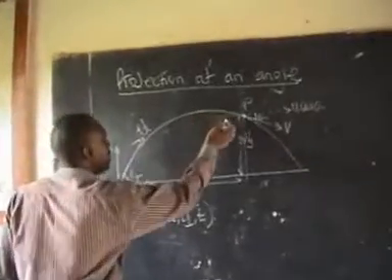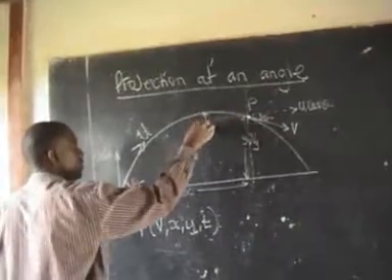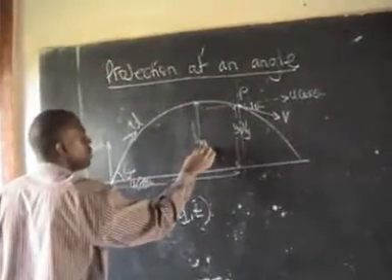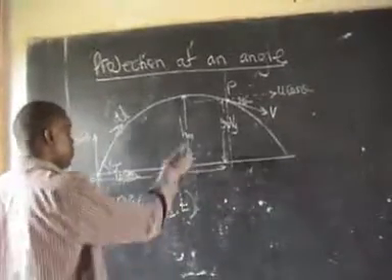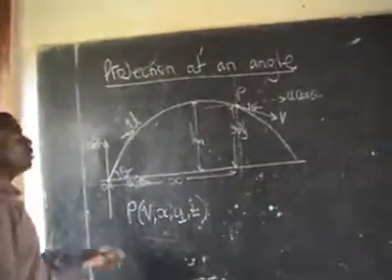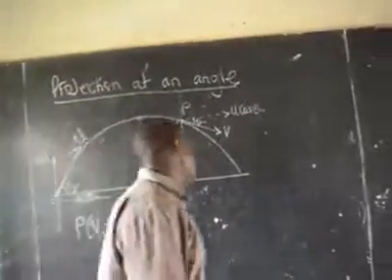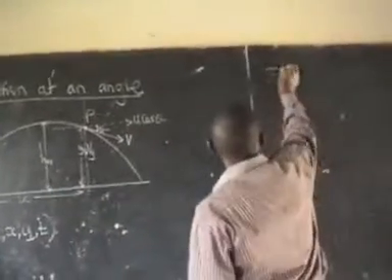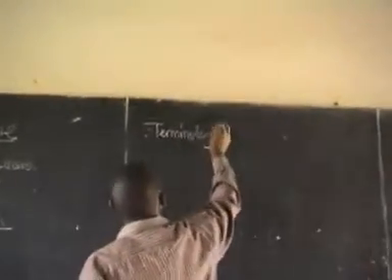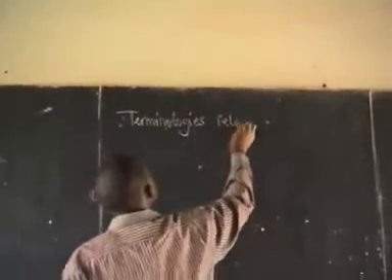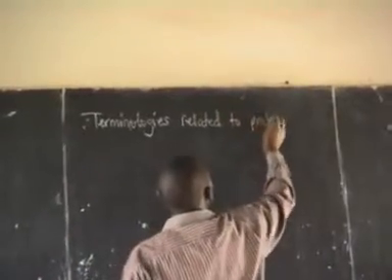As the body moves, it will reach a certain point, and we may be interested in calculating the maximum vertical displacement, and we shall also be able to calculate the time taken to attain that maximum height. So let's look at some of the terminologies related to projectile motion.